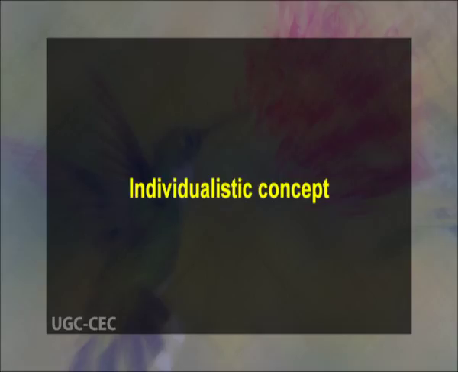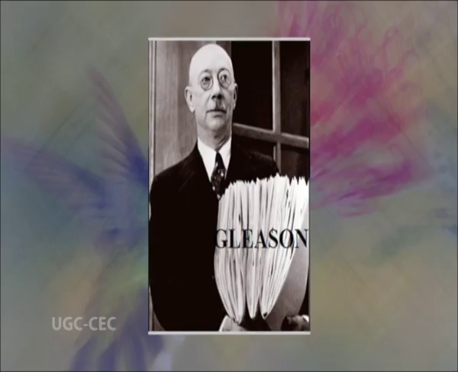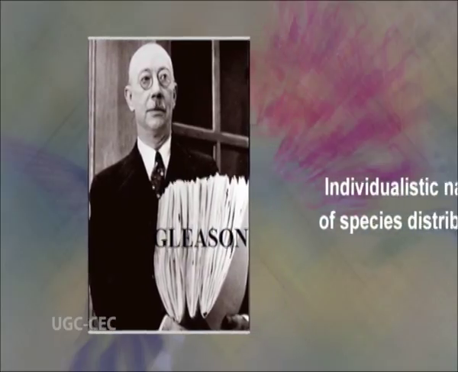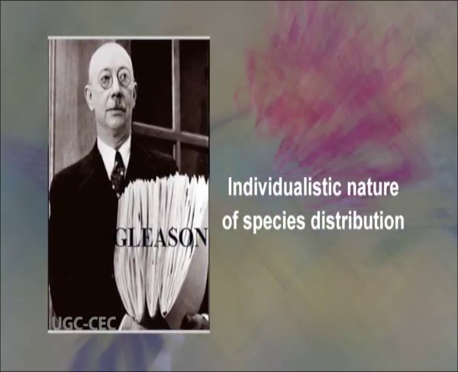Individualistic concept. In contrast to Clements' organismal view of communities was the botanist H. A. Gleason's view of community. Gleason stressed the individualistic nature of species distribution. His view became known as the individualistic or continuum concept.